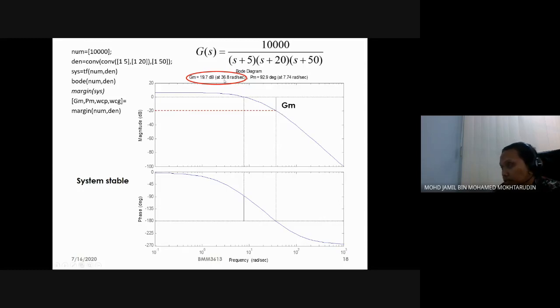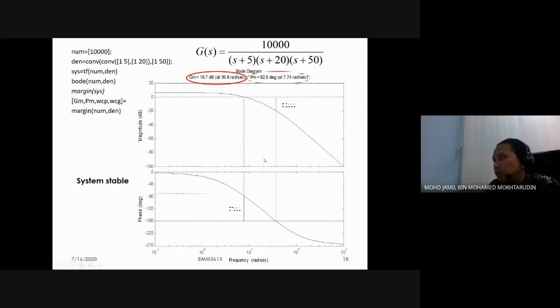The gain margin frequency is the frequency at negative 180 degrees of phase here. And then from here, you determine the gain and then find the gain margin, the value of gain minus 0 decibel. So you get gain margin 19.7 at frequency 36.8.